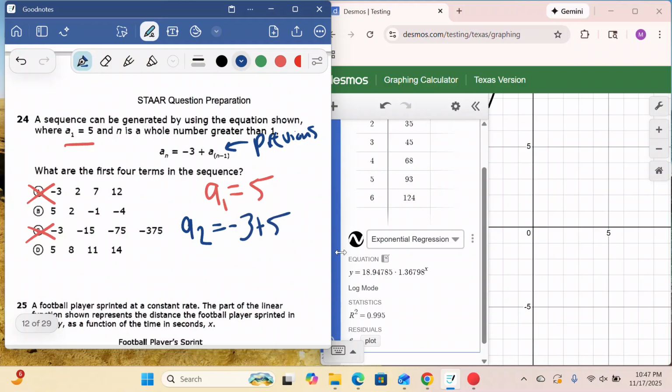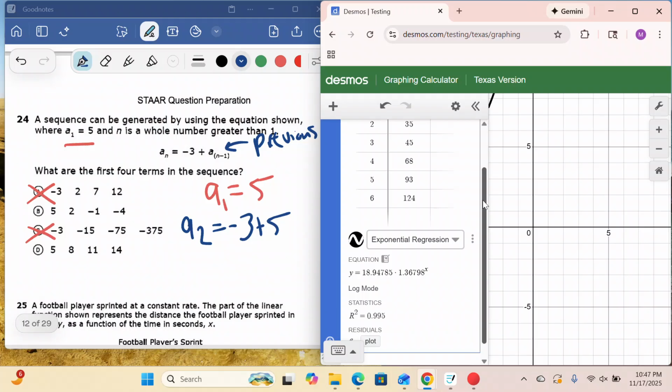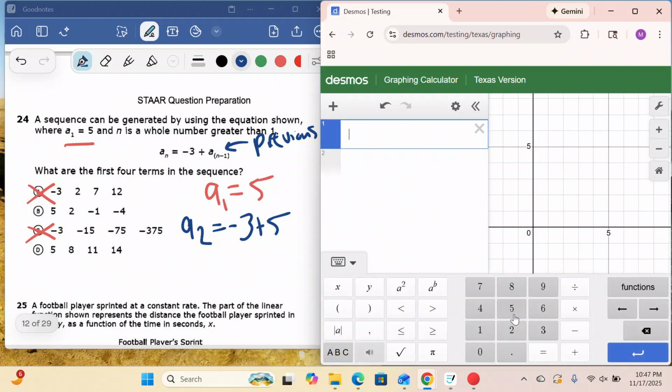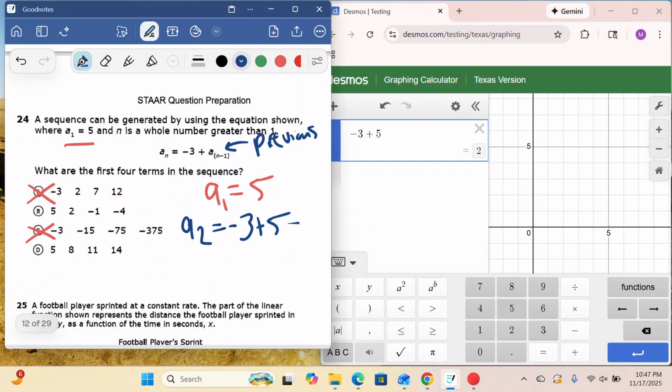And I do negative 3 plus 5, and I should get my second term. And all I have to do is input it into Desmos, negative 3 plus 5, and that gives me 2. And my second one is right there. So the answer choice is B because it's not an 8.